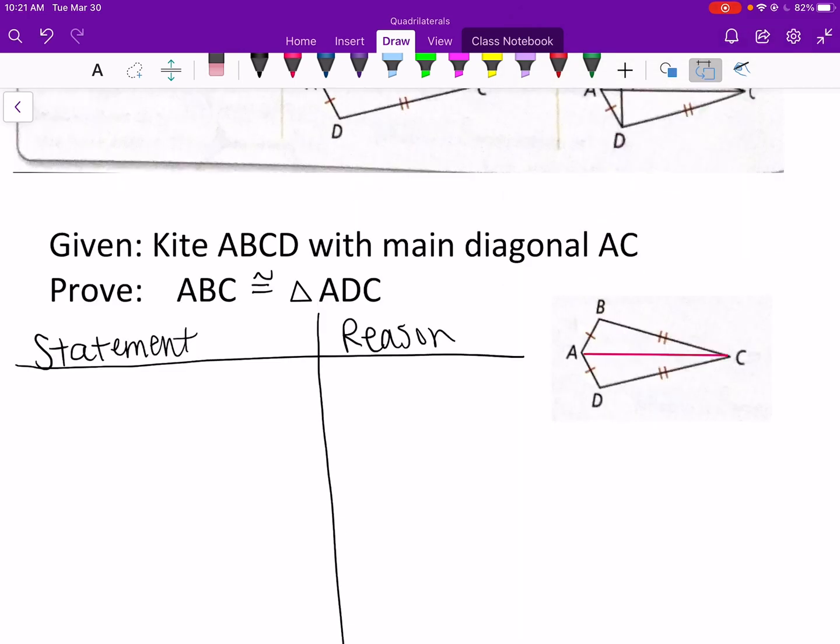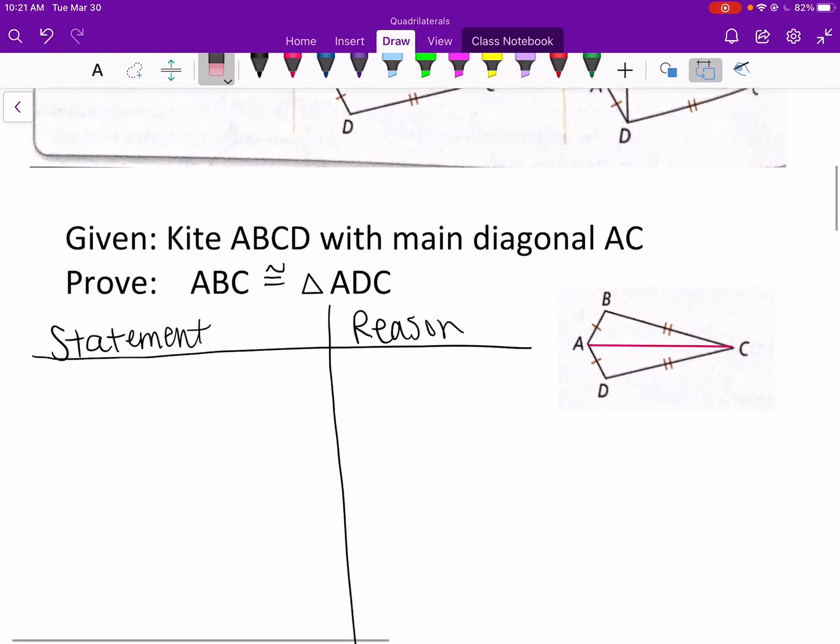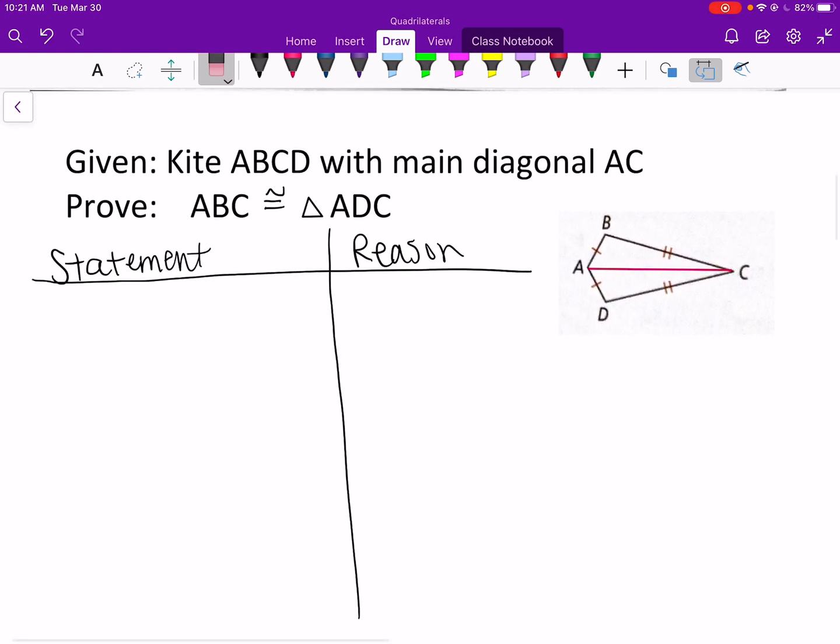So first of all, we are given kite ABCD. Remember, in a kite, we have two sets of congruent sides, with main diagonal AC. The main diagonal is the diagonal that cuts the kite symmetrically, or it's the long diagonal. So first of all, I want to prove that triangle ABC is congruent to triangle ADC.